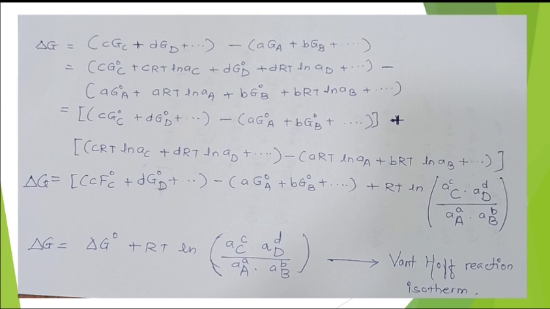Now just separate the terms which include the standard Gibbs free energy. So this equation can be rewritten as delta G is equal to, in a bracket, the standard Gibbs free energy containing terms separately: c into the standard Gibbs free energy of the C species, plus d into G standard D. So this is our first bracket.